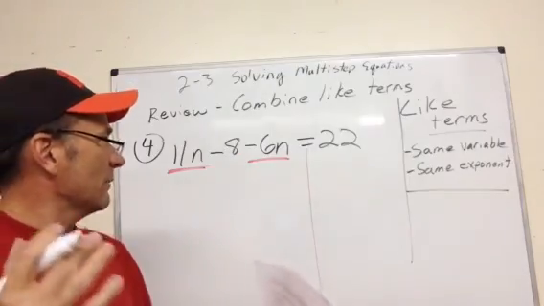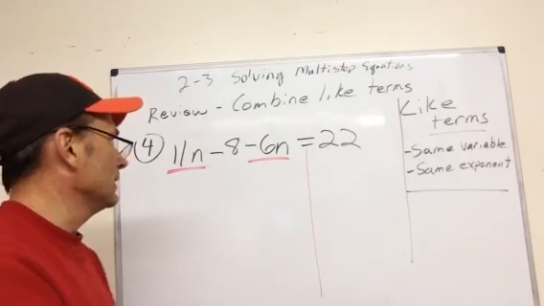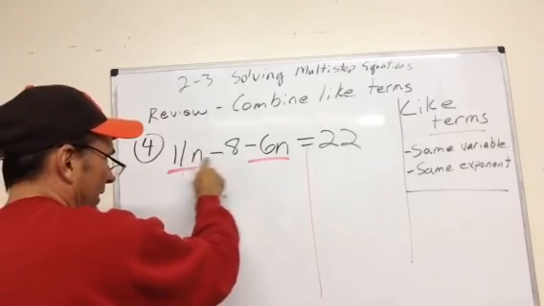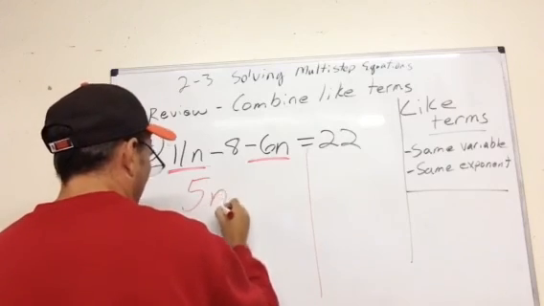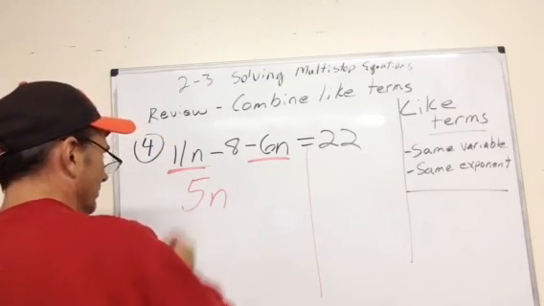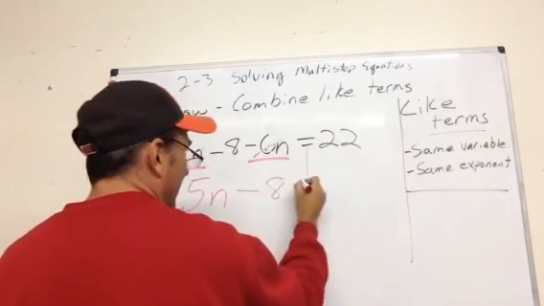If we see like terms on the same side, we simply combine them. 11n minus 6n is 5n. We took care of those things. We still have this minus 8.